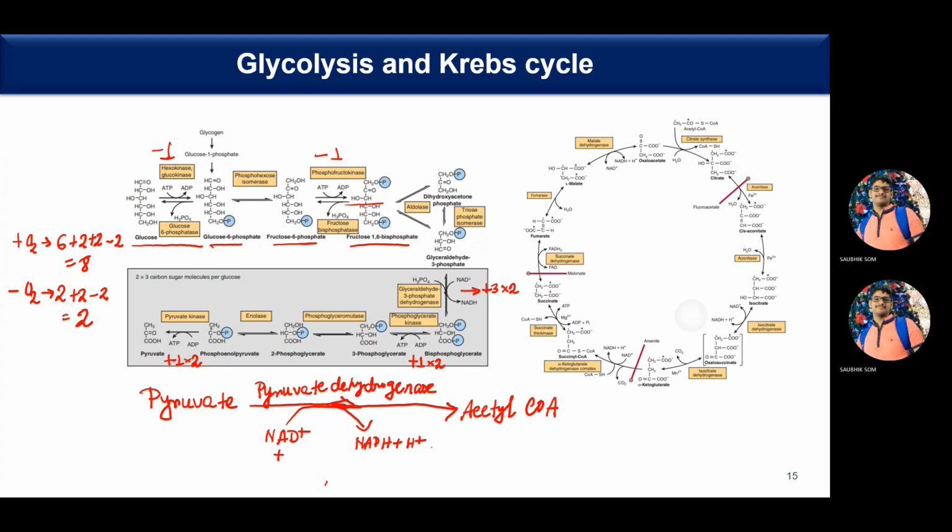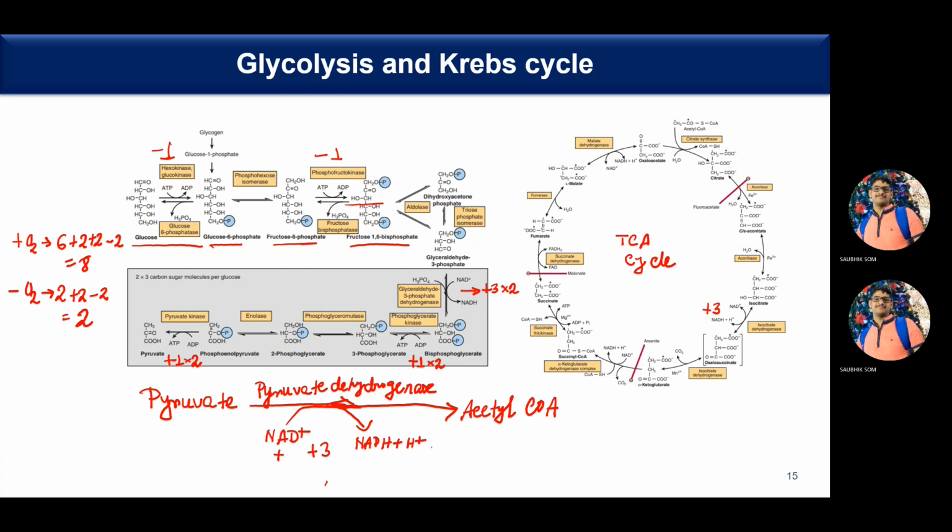So this is the TCA cycle or Krebs cycle. Now there are always the three-carbon intermediates, correct? Then there will be citrate synthesis, then citrate to cis-aconitate to isocitrate, then isocitrate dehydrogenase, so there will be plus 3 ATP.